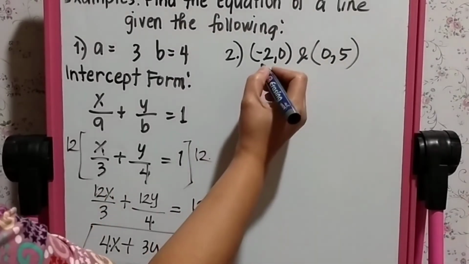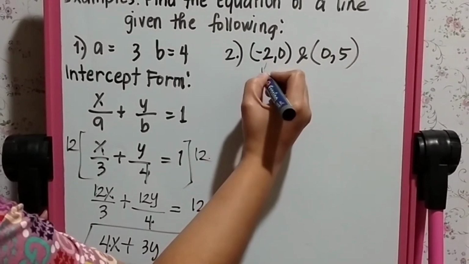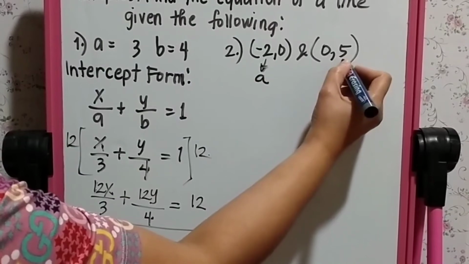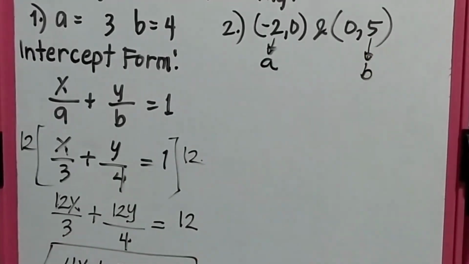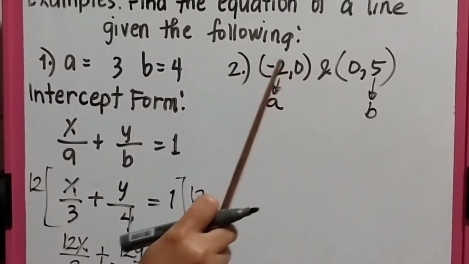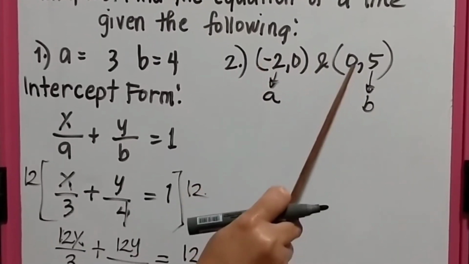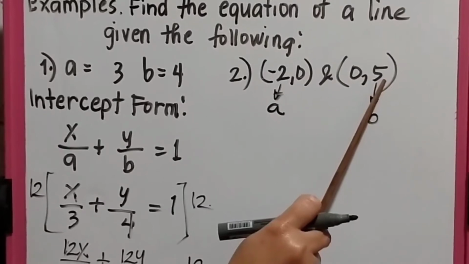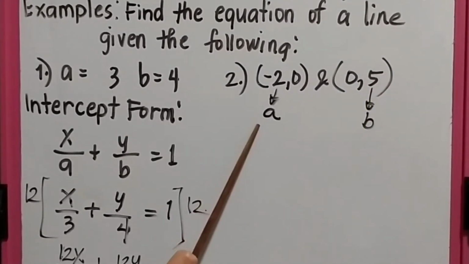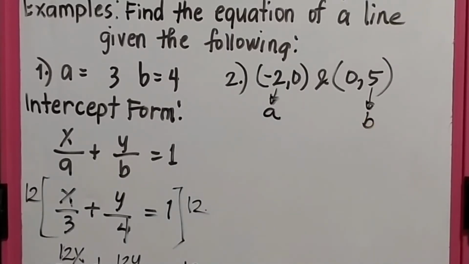So, in this case, negative 2 is our a and 5 is our b. Kasi itong negative 2, 0 matatagpuan sa x-axis. Kaya siya yung x-intercept. Itong 0, 5 matatagpuan sa y-axis. Kaya siya yung y-intercept. So, a is the x-intercept, b is the y-intercept.